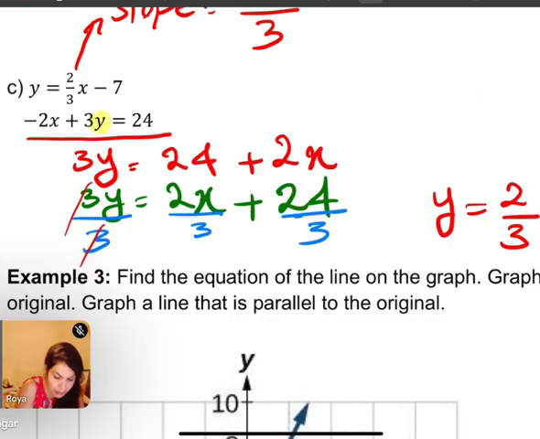Okay. And the slope, this part, this is the slope.